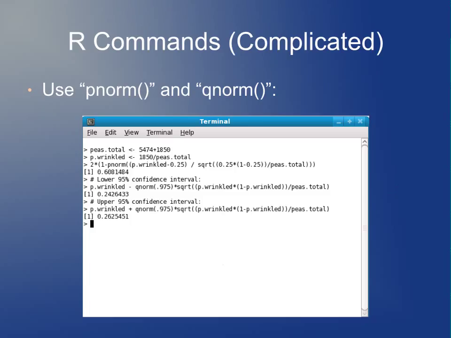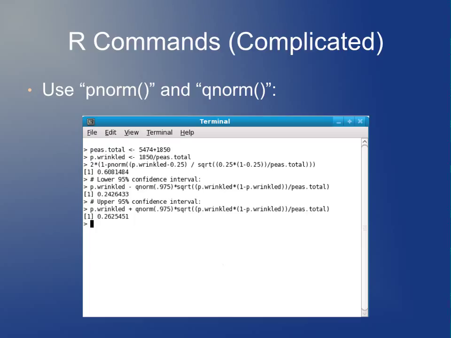One way you can do this is by using the formulas that I described on the previous slide and calculating them directly in R. We have a total of about 7,200 peas.